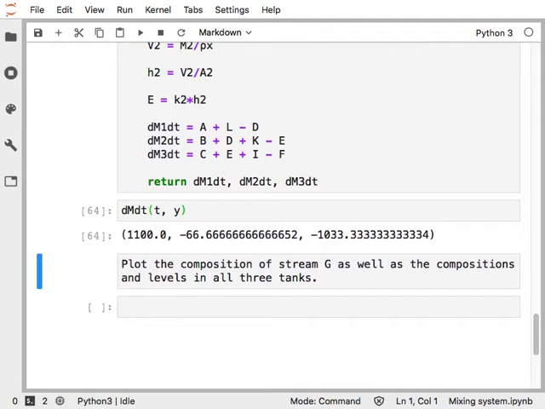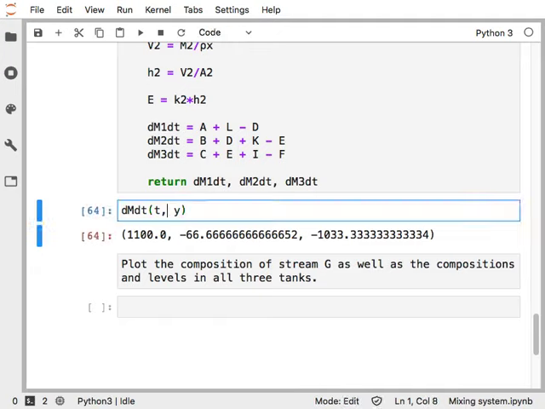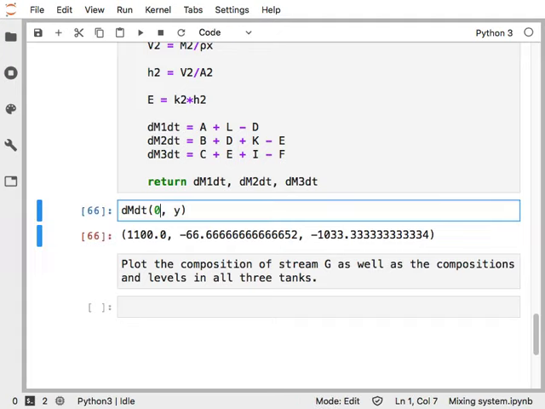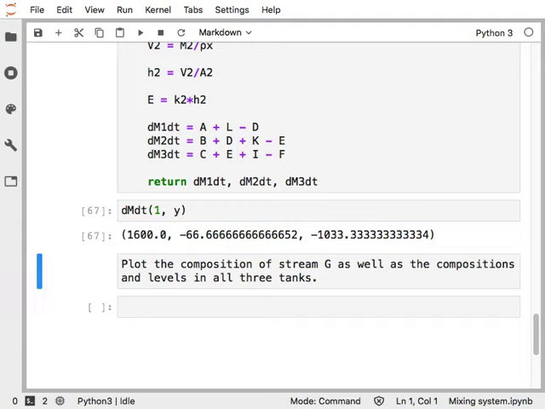So now I have, in pieces, constructed the balance function. The only thing that remains is to do the actual derivative. Now I know, for instance, that if I calculate at 0, I get a different answer from when I calculate at 1. Why is that? Because my if inside that function is changing the flow rate of A based on the time.